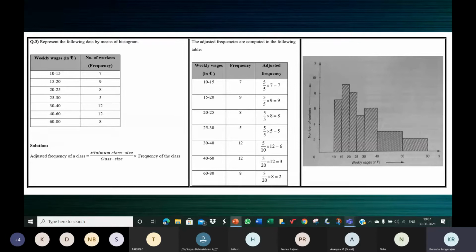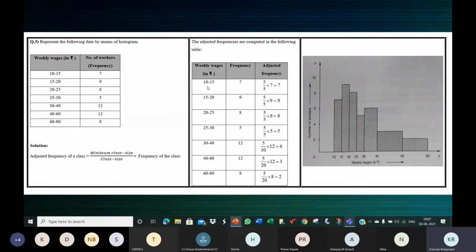So we understood that a histogram is a graphical representation of a grouped frequency distribution, meaning class intervals. But before you make the histogram, it's important that the class intervals are continuous.